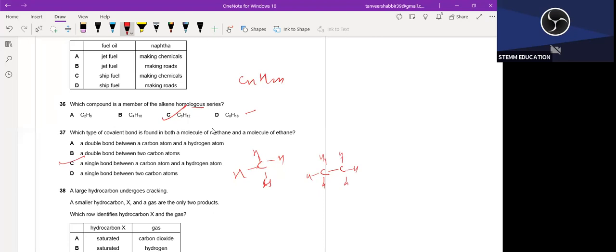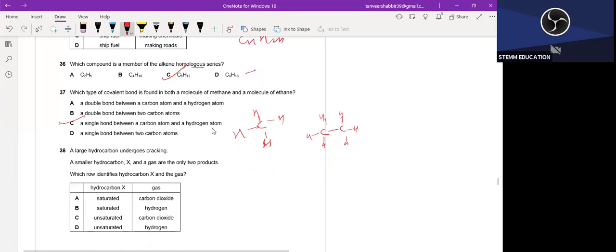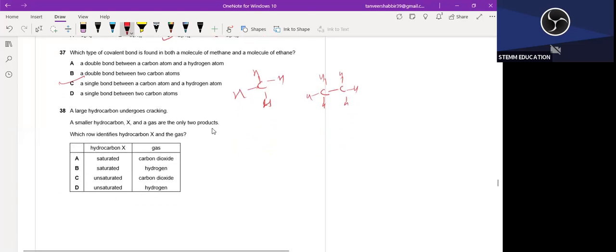Now, question number 38. A large hydrocarbon undergoes cracking. So when it goes under cracking, a small hydrocarbon X and a gas are the only two products.